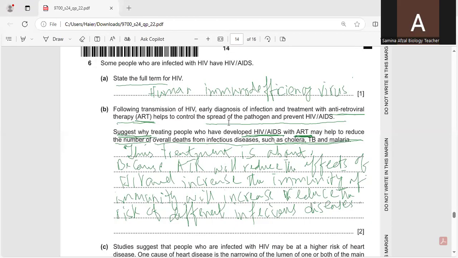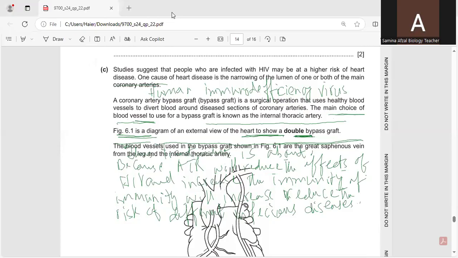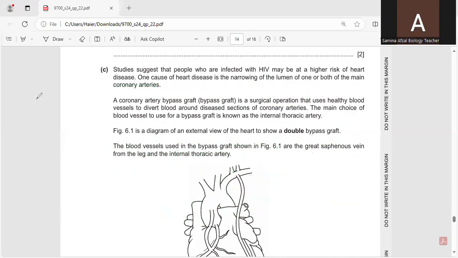Next question. You can see the studies suggest that people who are infected with HIV may be at a high risk of heart disease. One cause of heart disease is the narrowing of the lumen of one or both of the main coronary arteries. A coronary artery bypass graft is a surgical operation that uses healthy blood vessels to divert blood around a diseased section of coronary arteries.